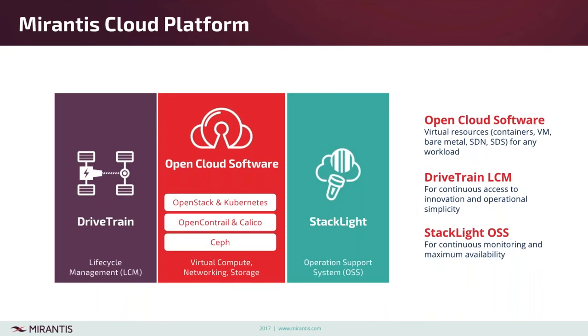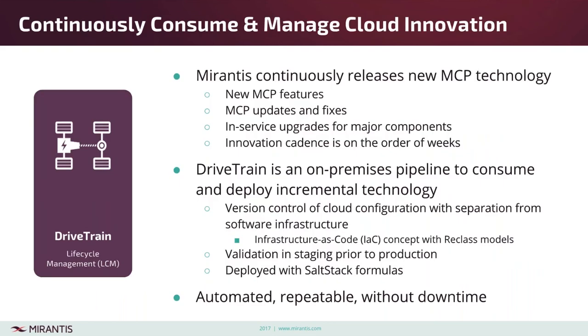Again, we categorize those in these three pillars, and what DriveTrain is actually allowing us to do across all of those components is to provide an on-premises pipeline to consume and deploy all of those technologies glued together into cohesive, complete, complex systems like OpenStack, like Kubernetes, like Stacklight itself and DriveTrain itself, and like other things as we mature this prescriptive DevOps toolchain.